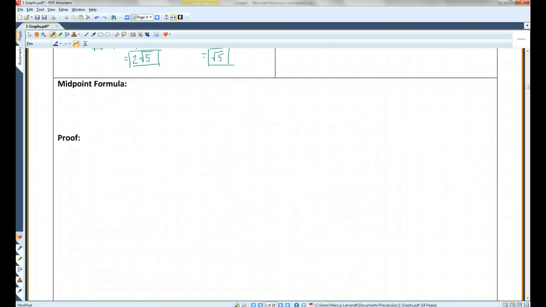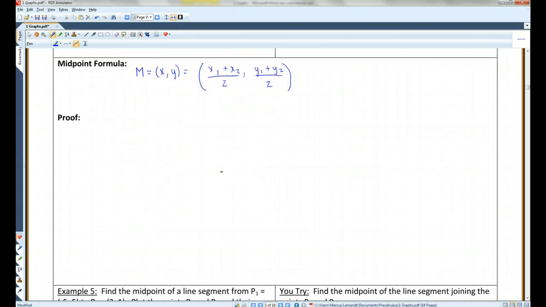Okay, midpoint formula. The midpoint of between 2 points is x1 plus x2 over 2, y1 plus y2 over 2. Alright, I'm going to do a proof of this also. Let's imagine that in our xy plane we have 2 points. I'll call this one x1, y1, and I'll call this one x2, y2.